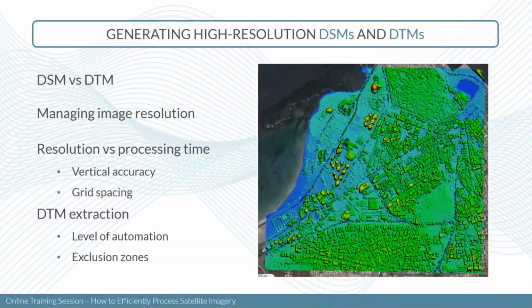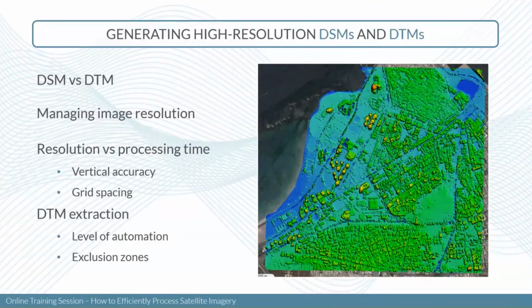So the resolution is going to have a big effect on the processing time. If you set the resolution much higher than your needs, the processing time is going to be impacted. So really choose a resolution that fits your needs. Also, you can generate a point cloud at the same time as generating your surface model.